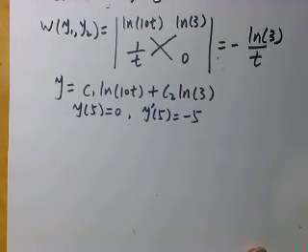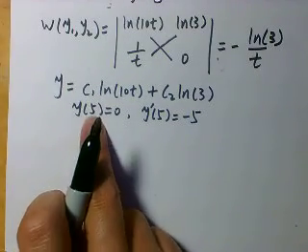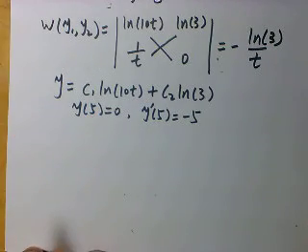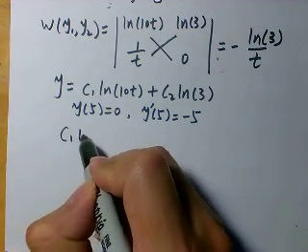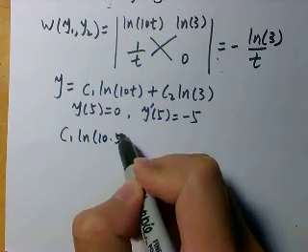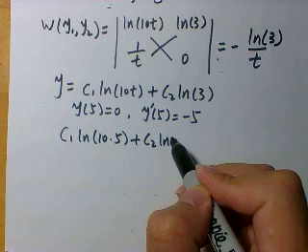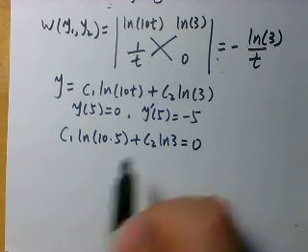For the first one, we plug in this initial condition: when t equals 5, y equals 0. So plug in t equals 5, equals 0.